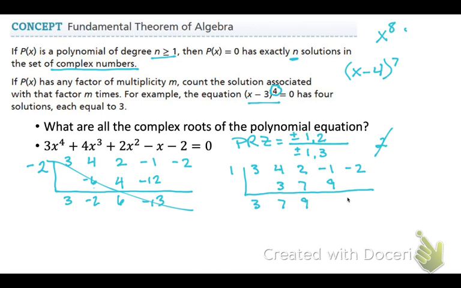So let's try negative 1. And guys, I don't know. I have to try them too. I probably could tell you sooner than you could that it's not going to work. But other than that, I can't look at these and go, that's a factor. It works. Yeah, it does work. I would have guessed it had to be a negative because we have so many positives in the front.